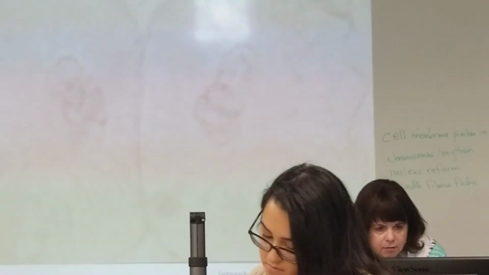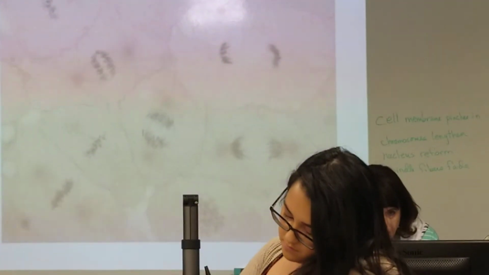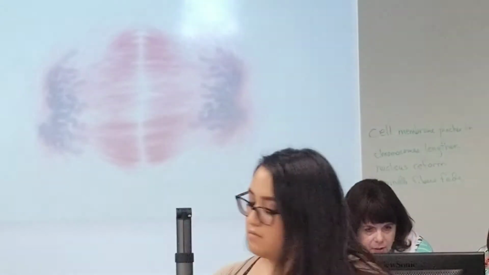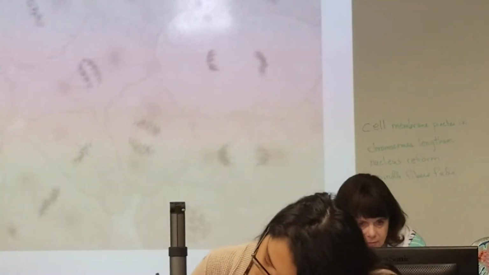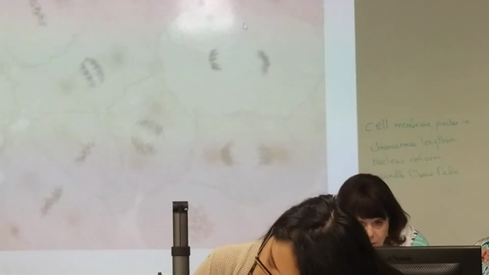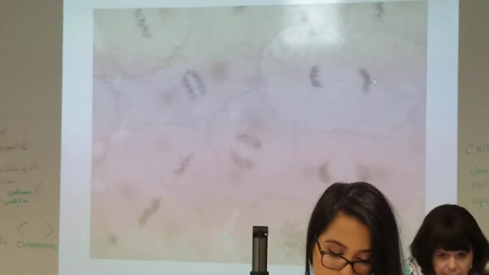Let me show you another slide. This is a good anaphase. Oh, right here. Here's telophase where it's pinching in. You can't see it, but that nuclear membrane is starting to come back.